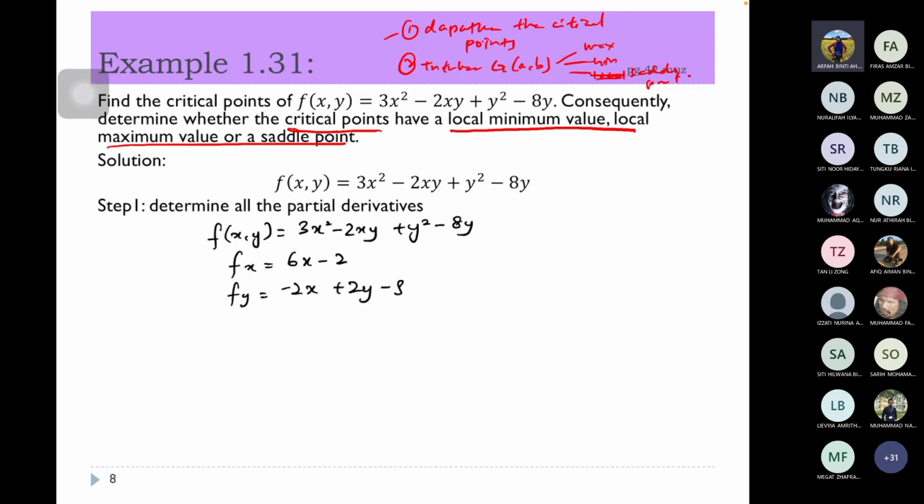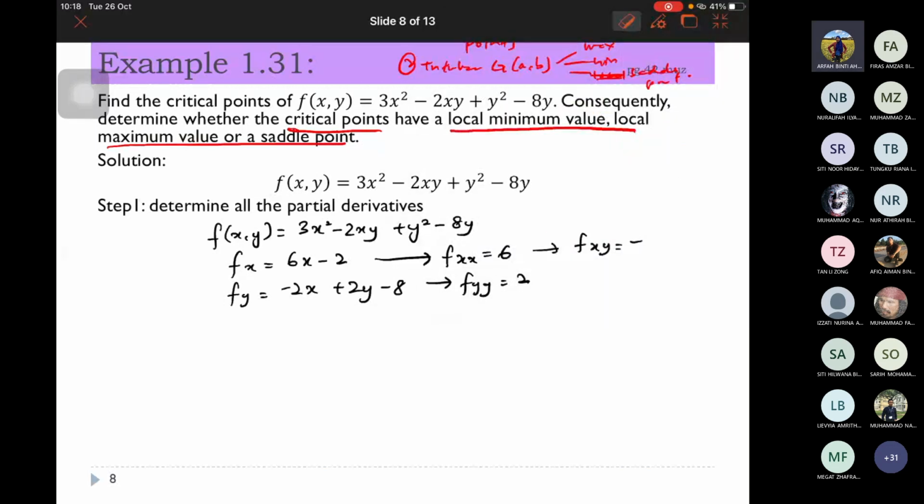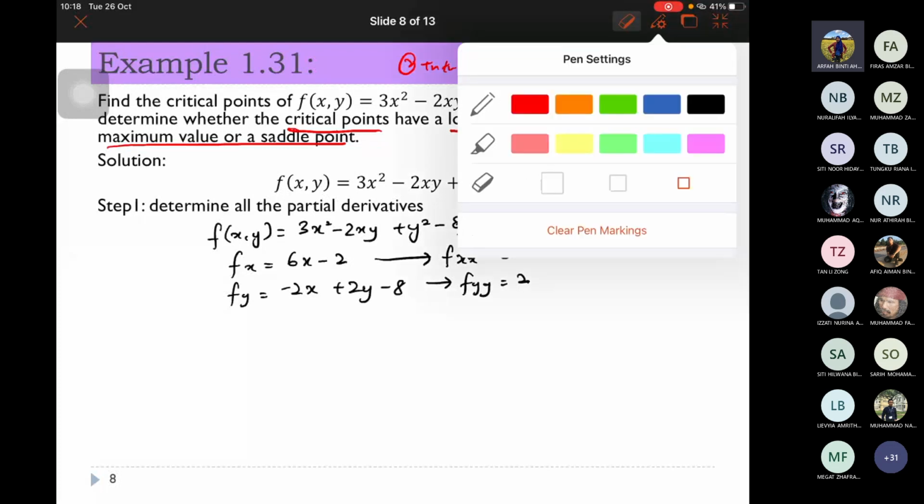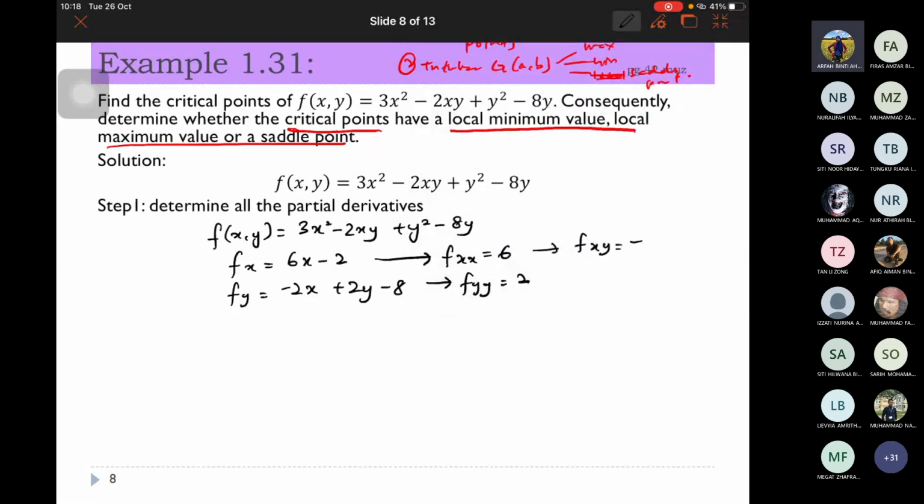Okay. Then from here fxx akan sama dengan 6. Okay. fyy akan sama dengan 2. Okay. fxy, okay, fxy akan sama dengan, kosong kan, there is no y value in here. fy sama dengan negatif 2x, fx salah ni, tolak 2y.